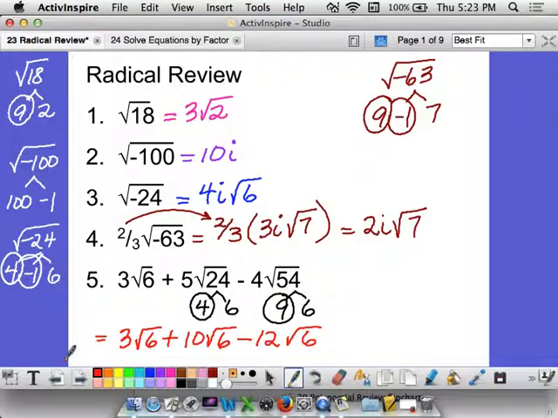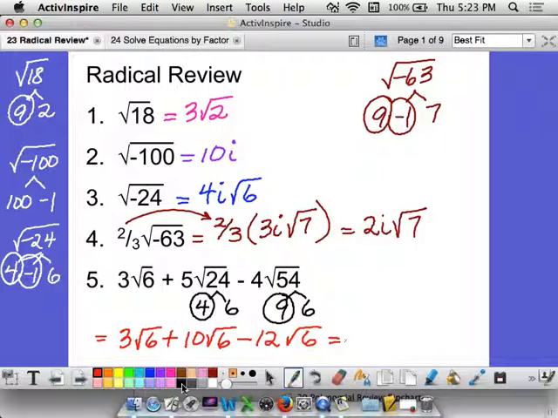So each one of these has the radicand of 6. We broke each one of them down and we took that square root. The square root of 4 is 2, the square root of 9 is 3. So 2 times 5 is 10. 3 times 4 is 12. Since all of them have that same square root, that radicand, the same square root of 6, we add the coefficients.